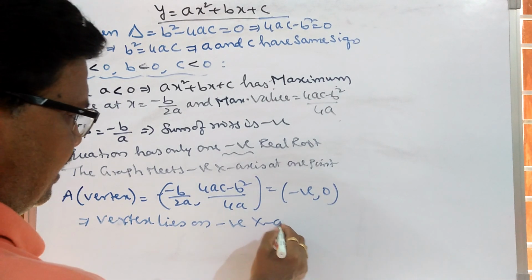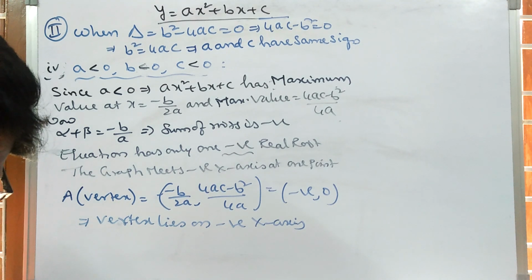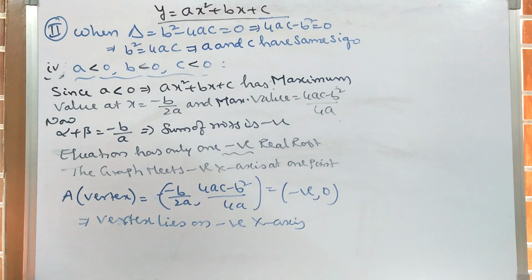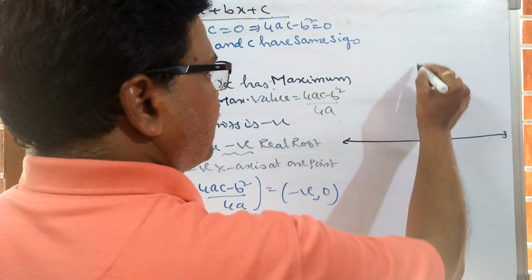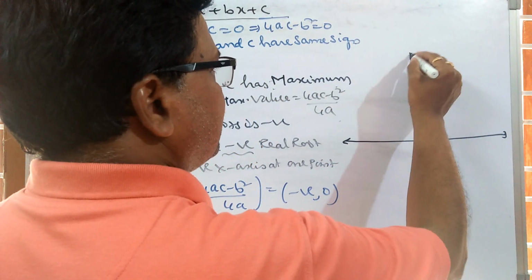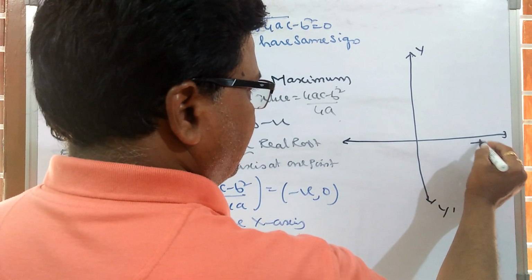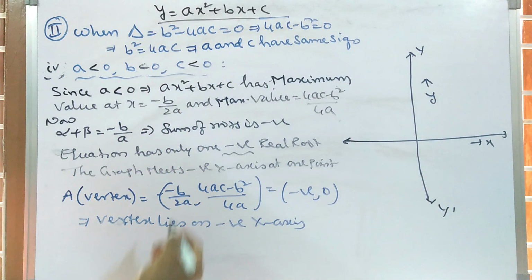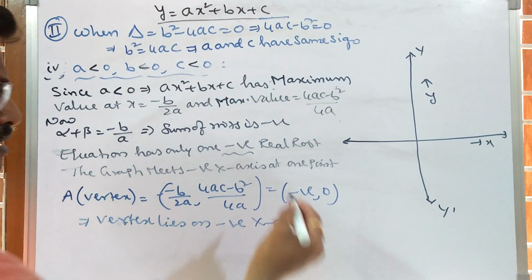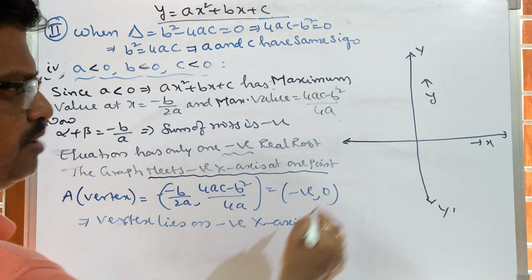Now let us see how the graph will be. This is the x-axis and this is the y-axis, x values and y values. So as I already told you, the curve meets the negative x-axis. The graph meets the negative x-axis at one point.